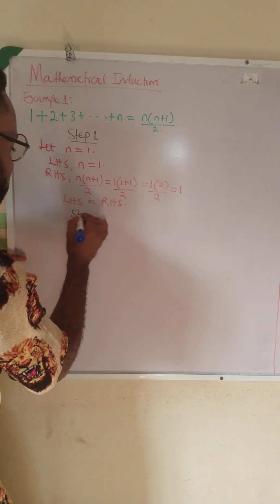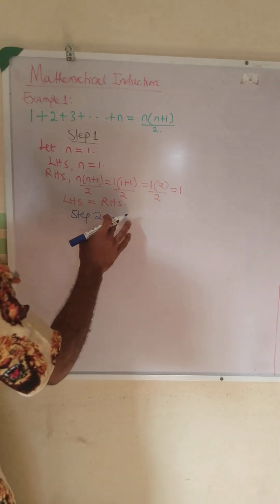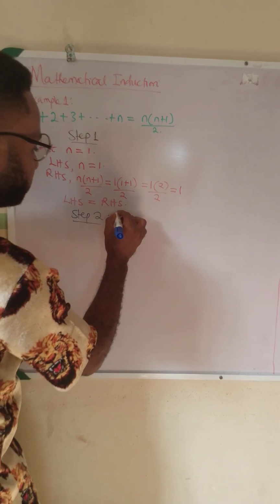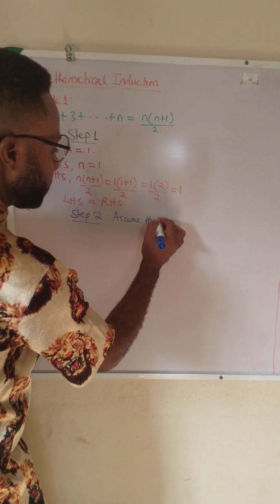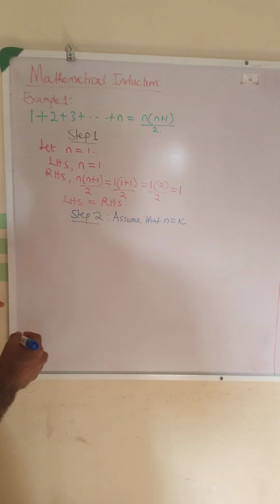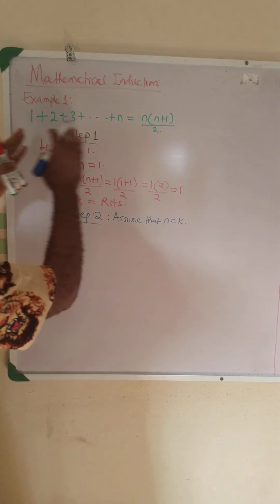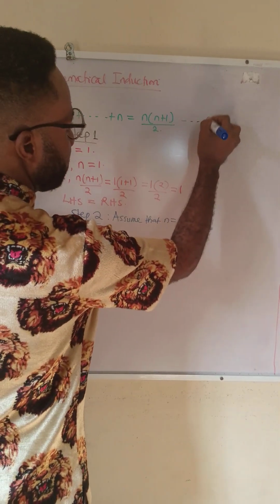Step 2, which is our induction stage, we want to assume that n equals k. When we assume that, we have to get the entire equation, which we can call equation 1.